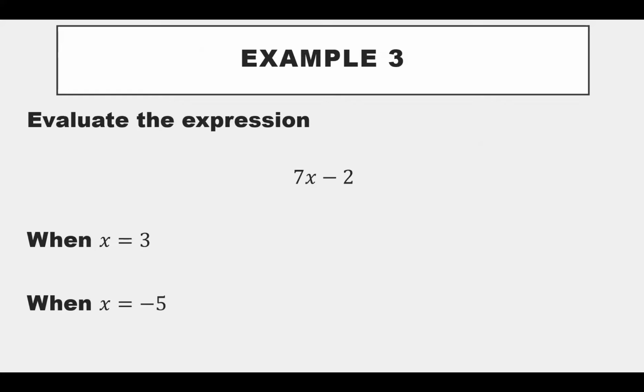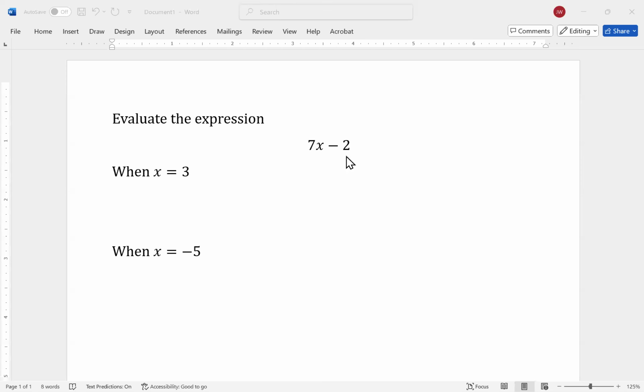So let's take a look at an example. Here we have the mathematical expression 7x minus 2, and we're asked to evaluate that expression when x is 3 and to evaluate that expression when x is negative 5. Let's start out with evaluating the expression when x is 3. So all I would do is put 7 and then in parentheses put in the 3.